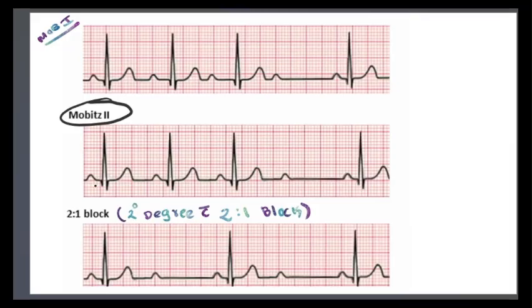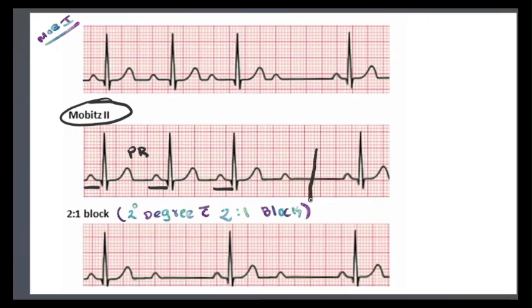See, this is the PR interval, and here this is the PR interval. Here this is the PR interval. So here the PR interval is the same, but there is a missing of QRS complex here. This P wave is not followed by a QRS complex.